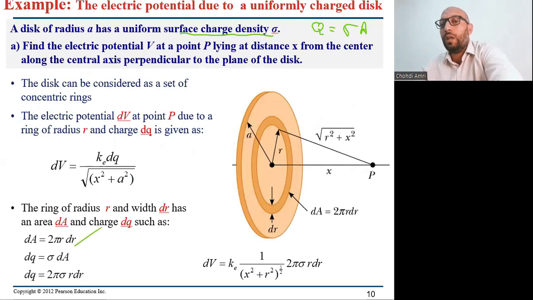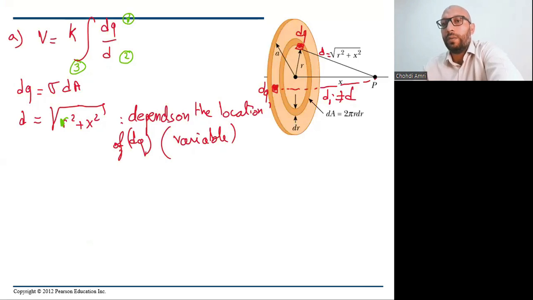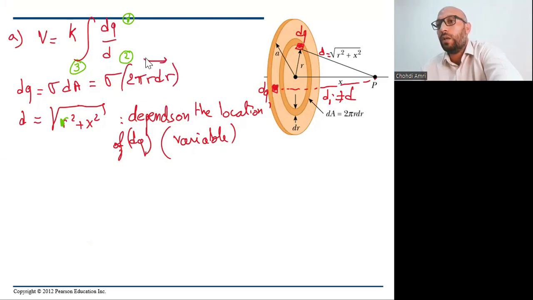And you see here that dA for the disk is 2 pi r dr. And you can say that dq equals sigma dA, which is sigma 2 pi r dr. So we are done. We write the expression of the electric potential equal to K times the integration of dq. dq is what?